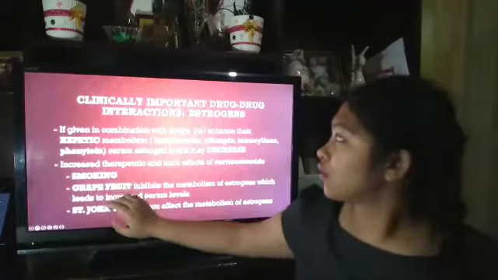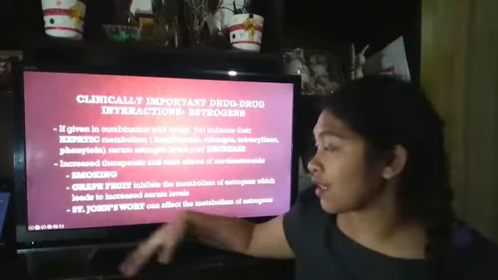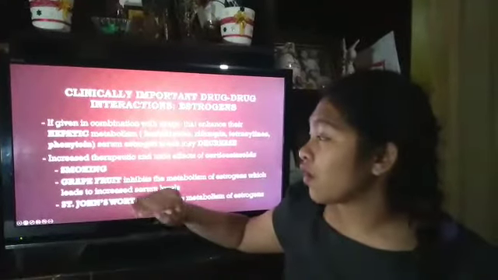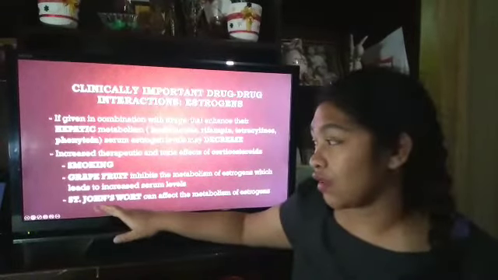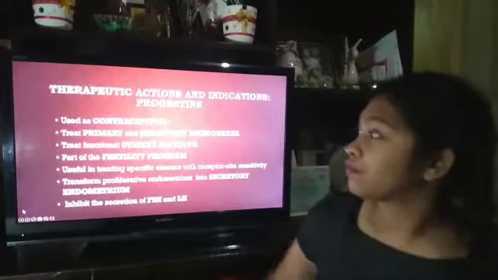You should also not use estrogen when you are smoking, because of the high risk for thromboembolic effects. Also avoid grapefruit, because it inhibits the metabolism of estrogen, and also St. John's wort, same as the grapefruit.